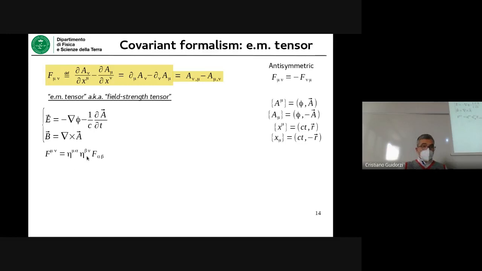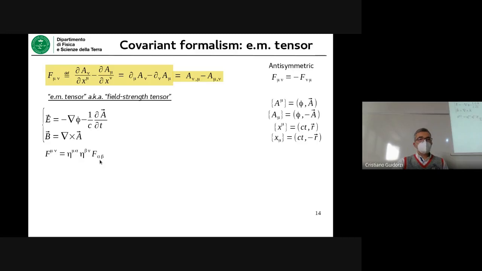As for any other rank 2 covariant tensor, you can switch to its contravariant version just by contracting with a metric tensor. Since this is a rank 2 tensor, you have to contract twice. You raise each individual index.